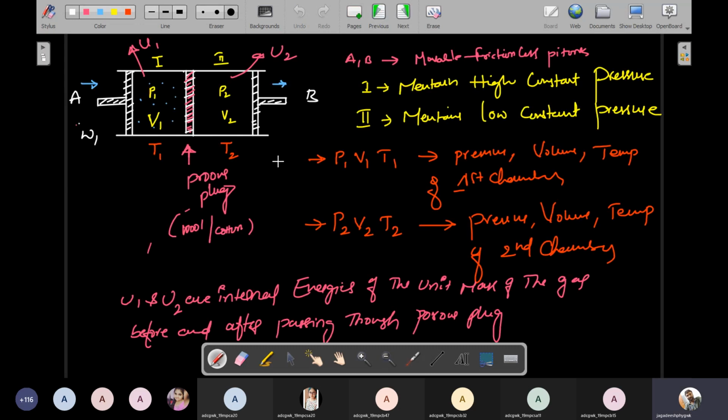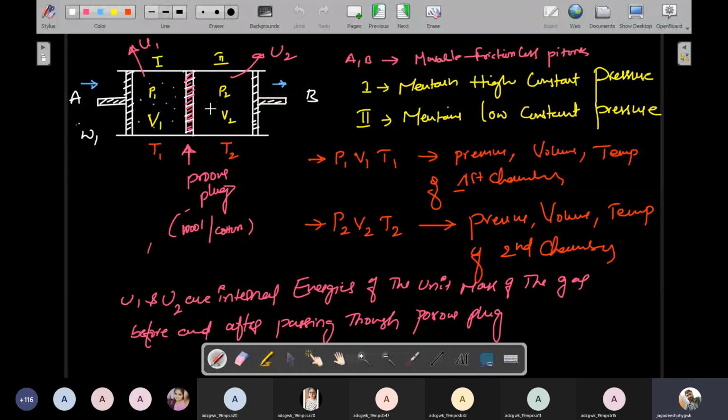Okay, so everybody understand how I find out? If the first piston is moving, then this piston will do some work against the gas. That's why here we are using the term external work done on the gas by the piston. Now if this gas escapes the second chamber through a porous plug, then the volume will be changed.